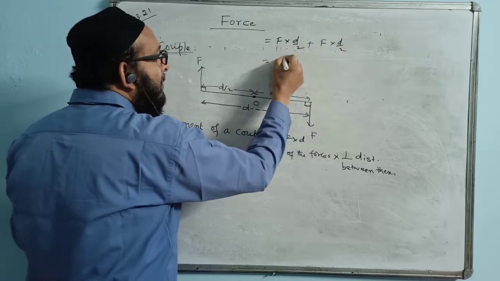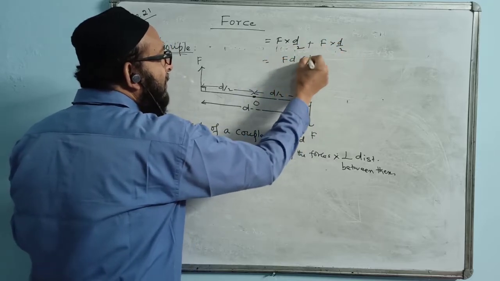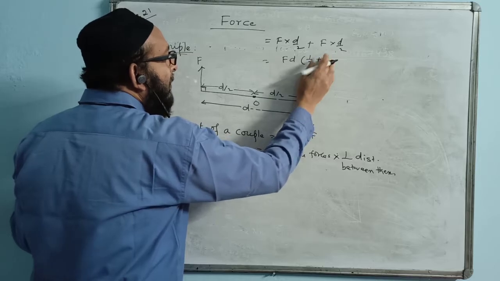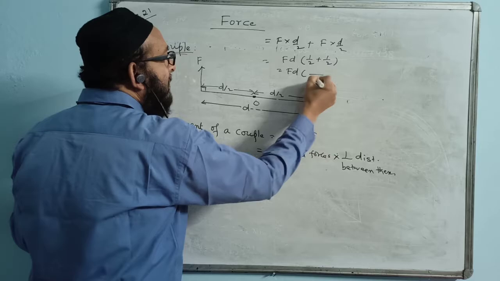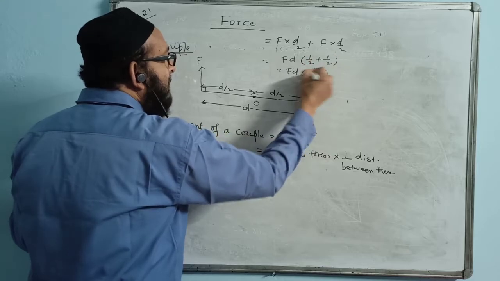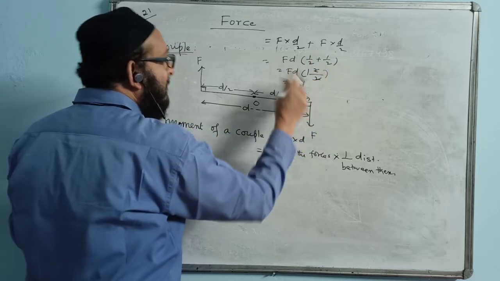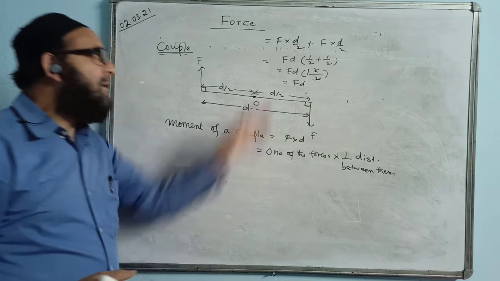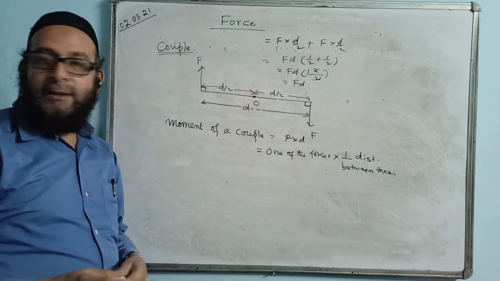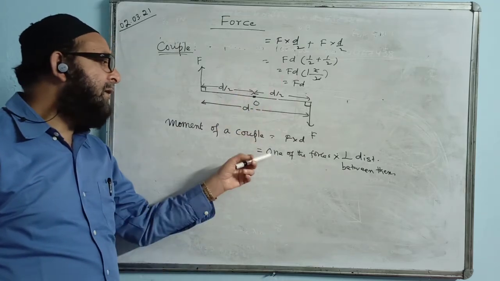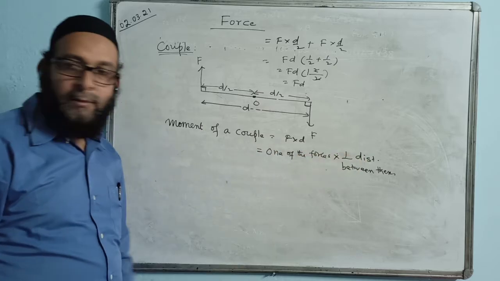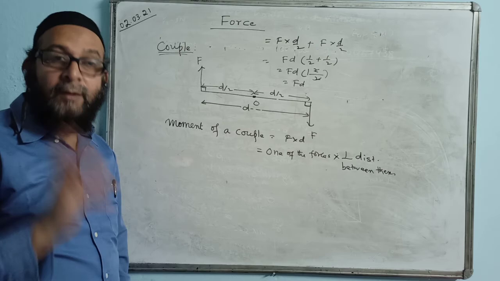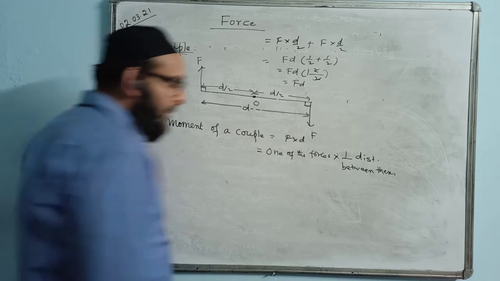Take FD common: you get 1 by 2 plus 1 by 2. LCM is 2, 1 plus 1 is 2 by 2, cancelling gives 1. So the answer comes FD. This is the reason why we write it so. This derivation will not come in the exam, but this is the main logic. One of the forces into the perpendicular distance between them. That is the formula of the moment of a couple.